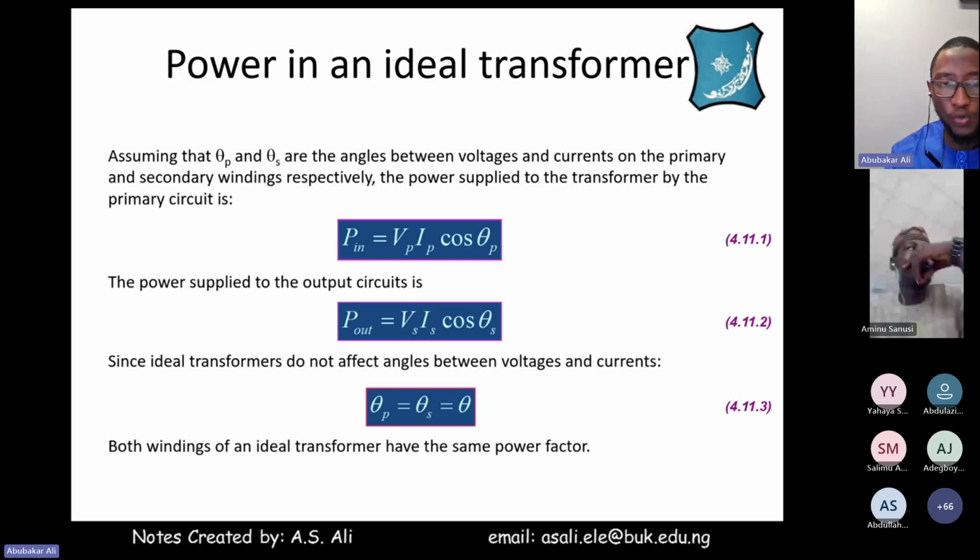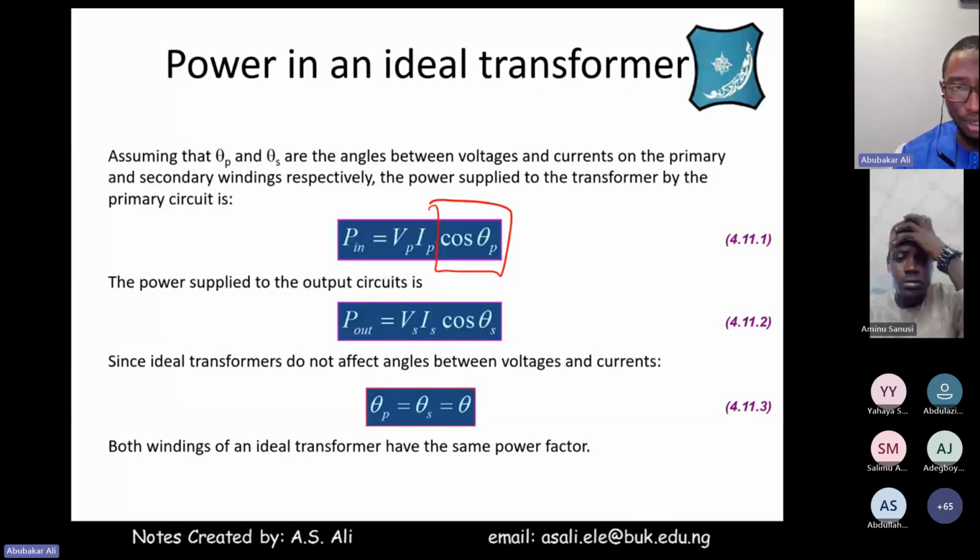However, since we are dealing with AC, we always have to factor in the power factor, so that's where the cos theta comes in. P in, the power going into the transformer, is the primary voltage times the primary current multiplied by the power factor on the primary side.